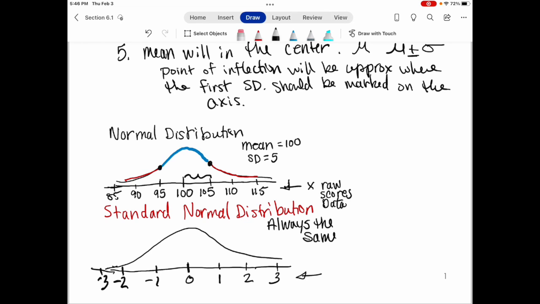Now these values here, when we're looking at the standard normal curve, these are called our z-scores. And those z-scores represent how far away we are from the mean in terms of standard deviation.